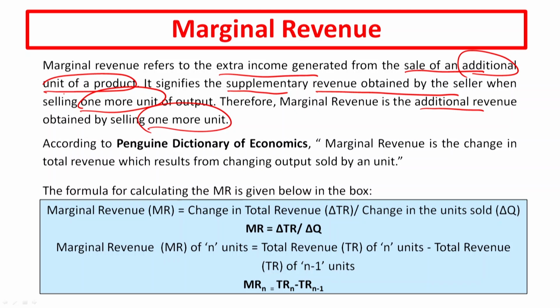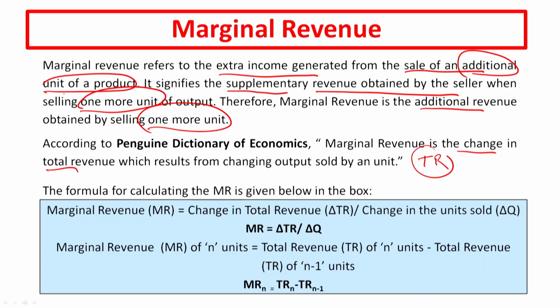Now, according to Penguin Dictionary of Economics, marginal revenue is the change in total revenue which results from changing output sold by a unit, which means marginal revenue is the change in TR. We are talking here of TR. Why? The factor is that from changing output being sold by a unit.